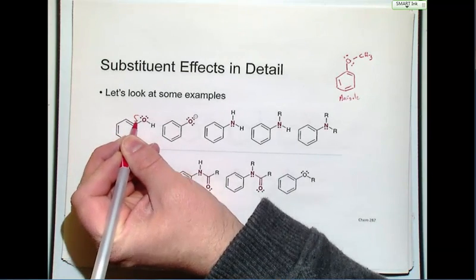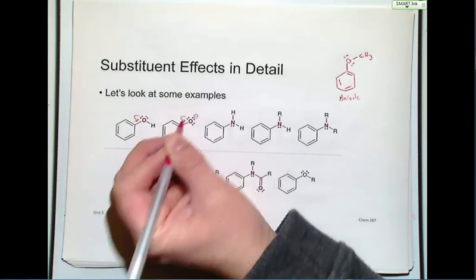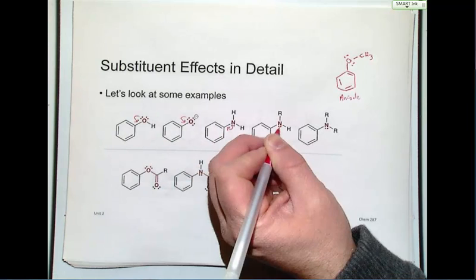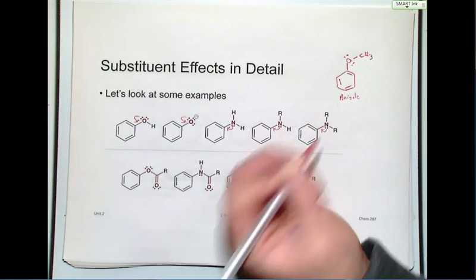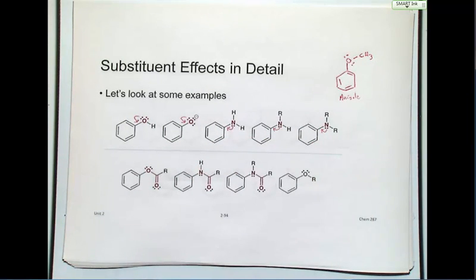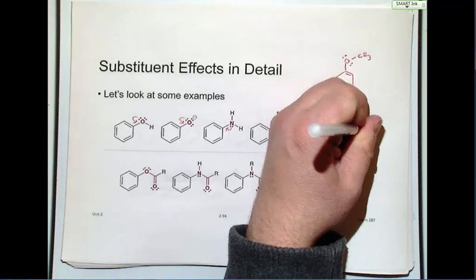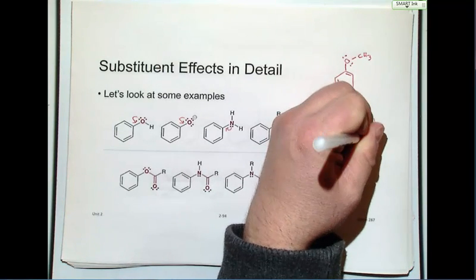All of these examples have the same situation: lone pair electrons that we can delocalize into the ring, so we call them electron donors. Would it be fair to say these are strongly activating? Yes, and it turns out to be true. These are the strongest of all activators because of those lone pair electrons, so we'll say these are strongly activating.